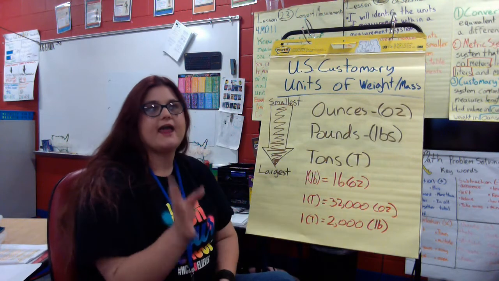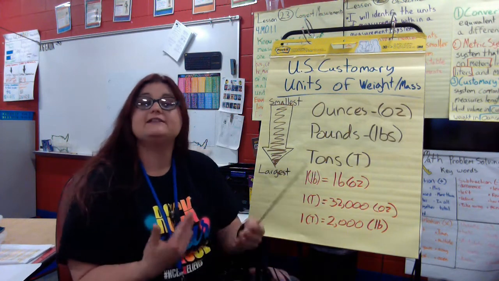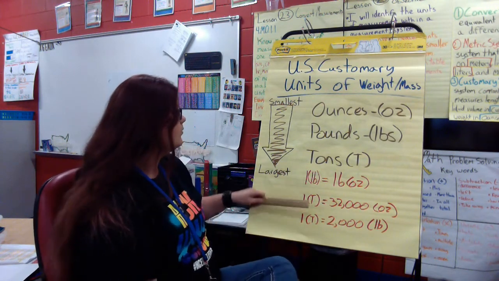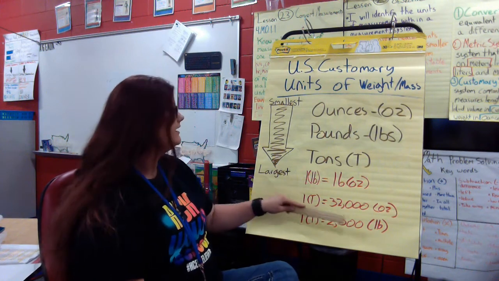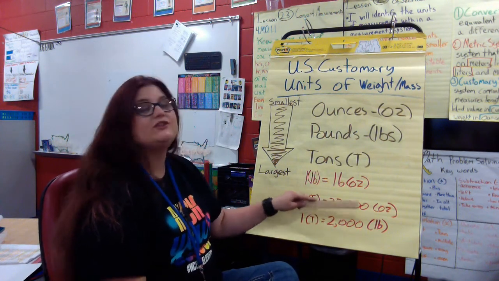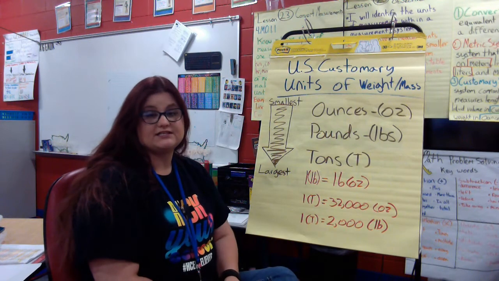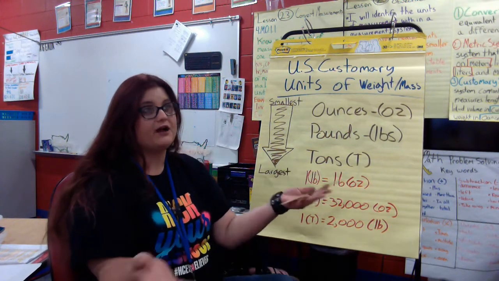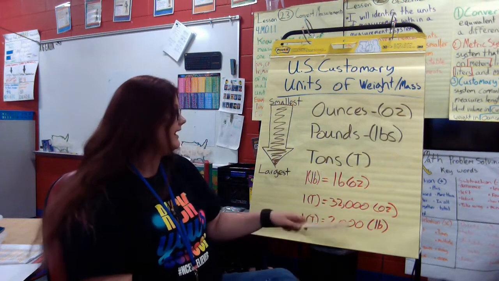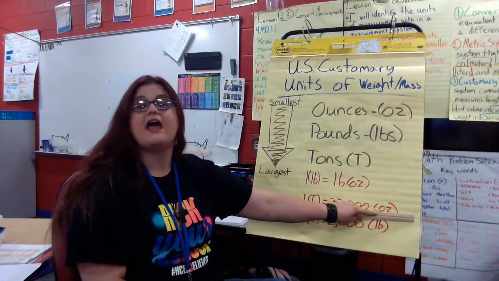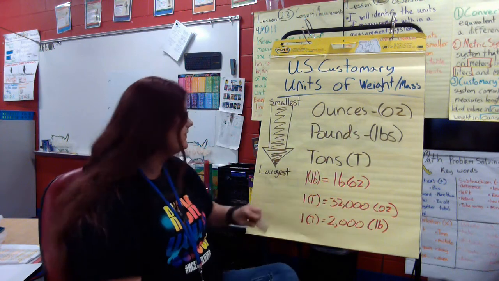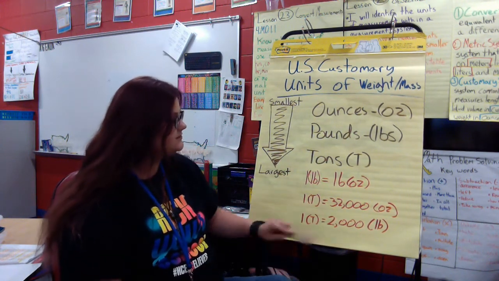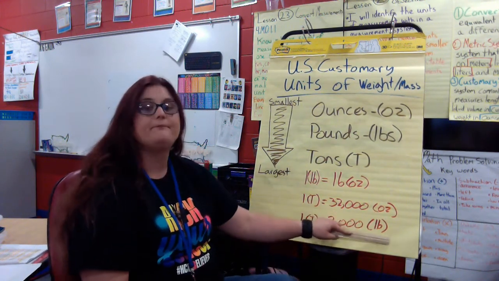So if I had a pound of cheese, I could also say that I had 16 ounces of cheese. 1 ton is equivalent to 32,000 ounces. So if I had a block of cheese that weighed a ton, it would weigh 32,000 ounces. And then 1 ton is also equivalent to 2,000 pounds.